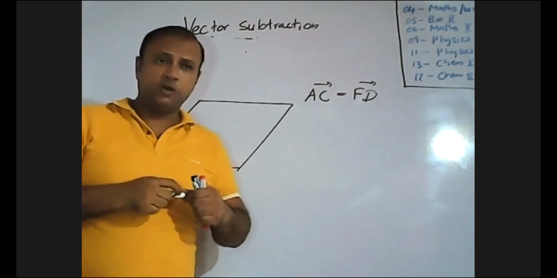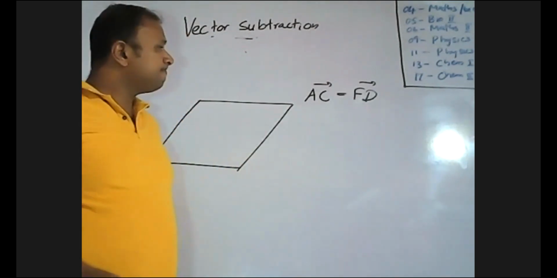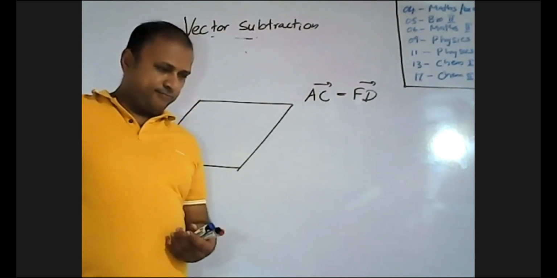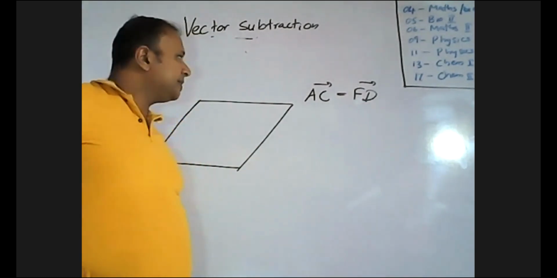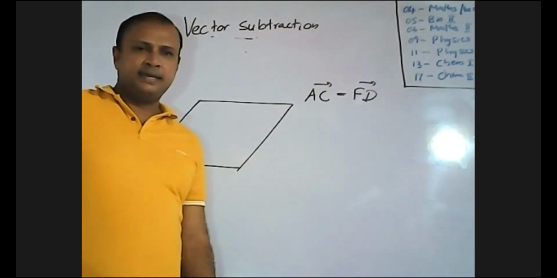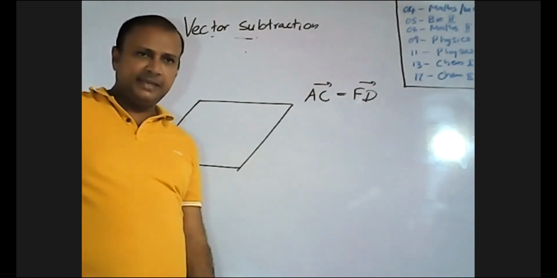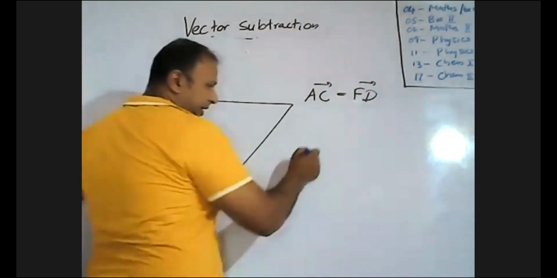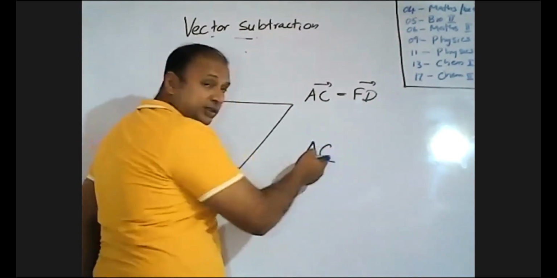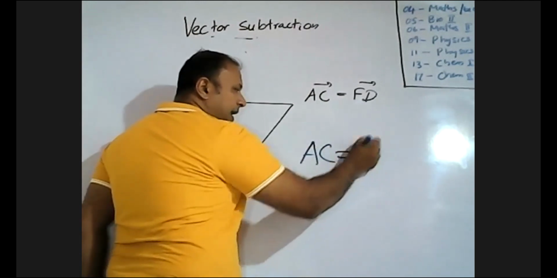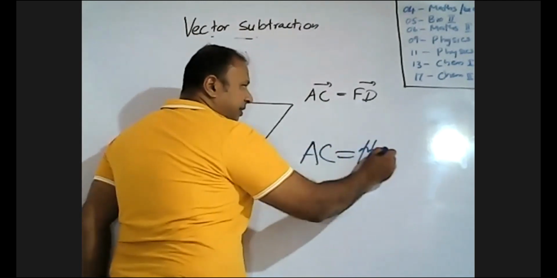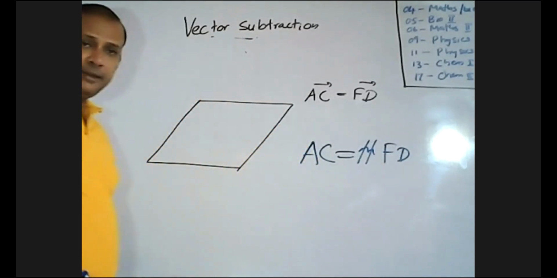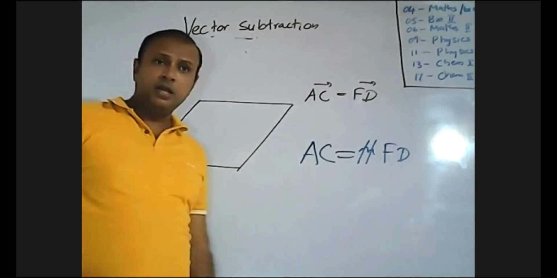So AC, write this one, AC is equal and parallel to FD.